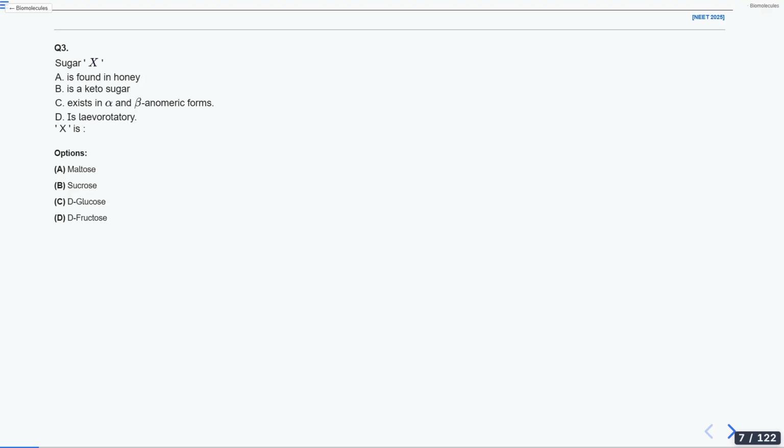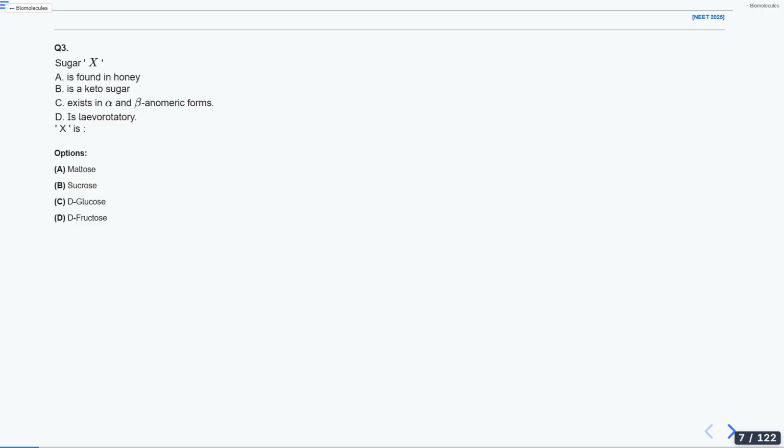If your sugar X was D-glucose, then what will happen to statement B and statement D? How will we rewrite them?